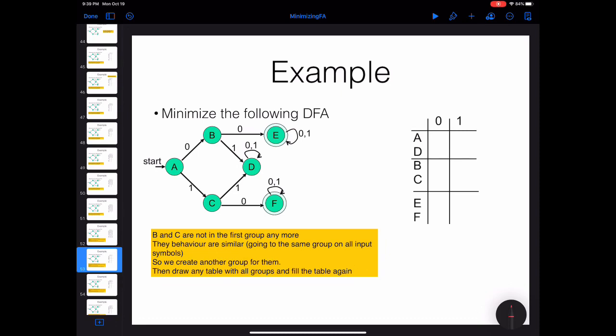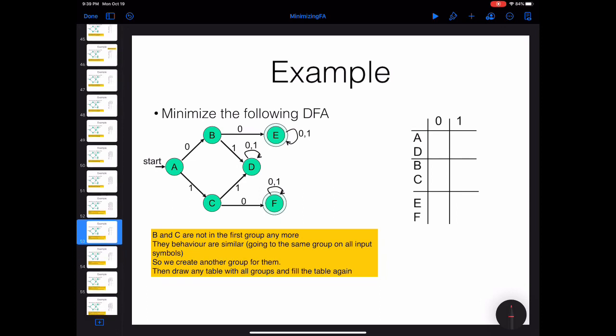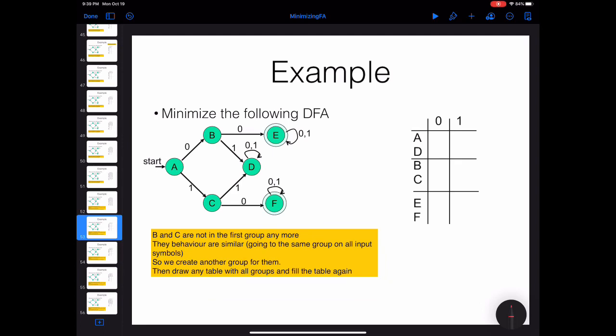Again, because I have changed something in the table, because I have split some group, I need to check the behavior of all the states again. So for A, if you go over 0, you go to B, right?